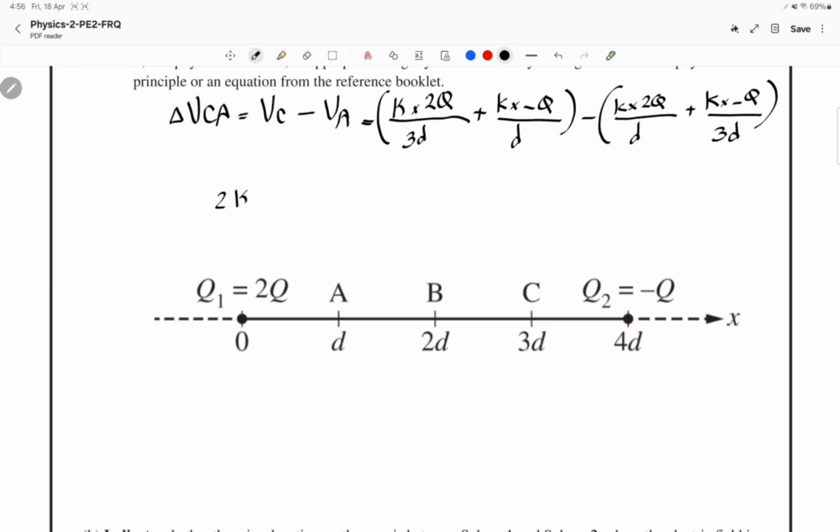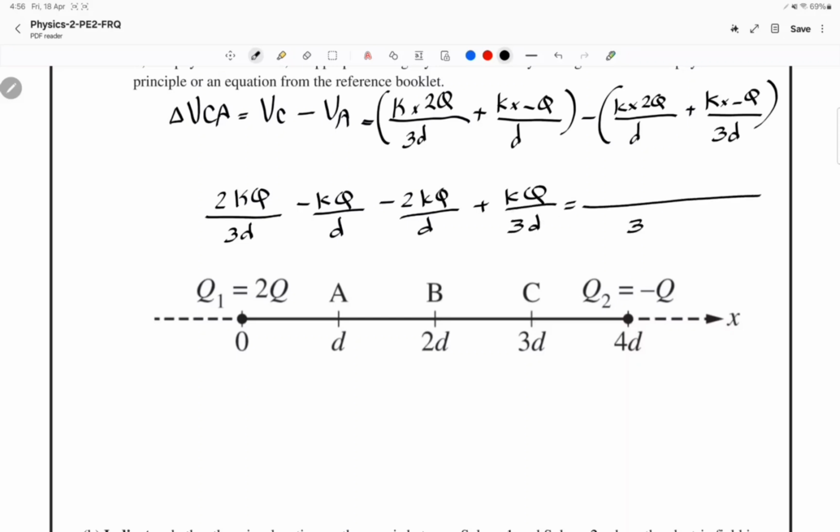So we're gonna have 2KQ over 3D minus KQ over D minus 2KQ over D plus KQ over 3D. Over 3D here, 2KQ minus 3KQ minus 6KQ plus KQ.